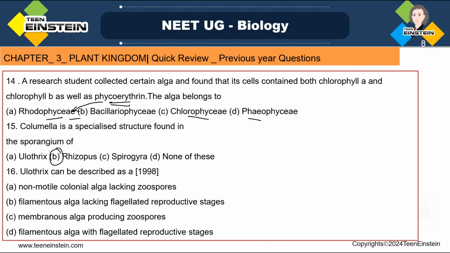Ulothrix is a green alga, and Spirogyra is a filamentous green alga. In Rhizopus, the columella bears the spores for asexual reproduction. So option B, Rhizopus, is the right answer.